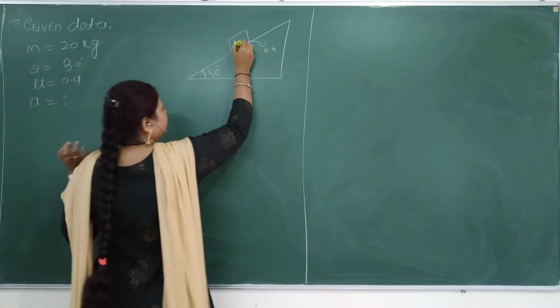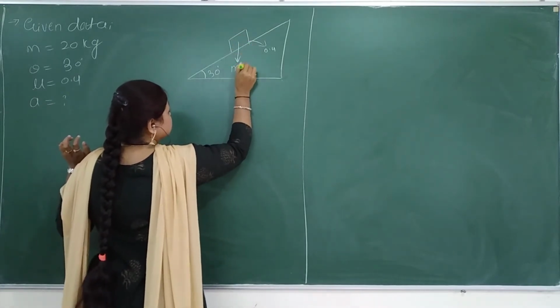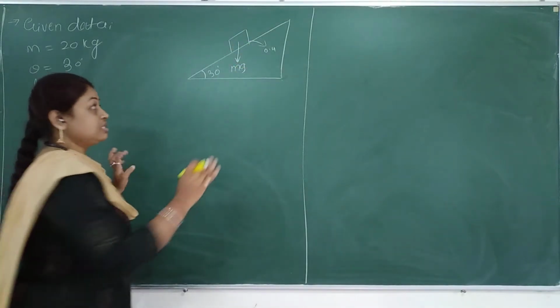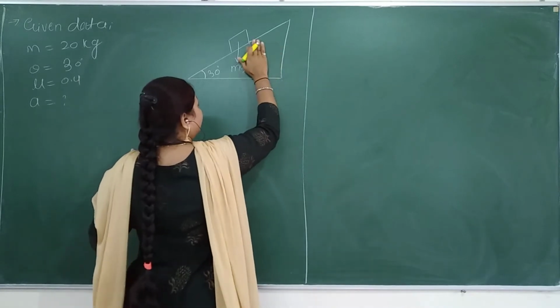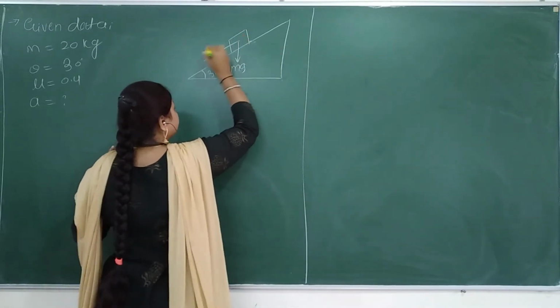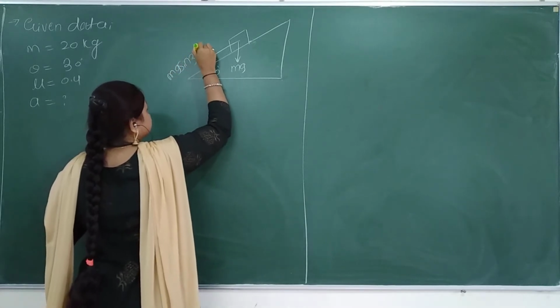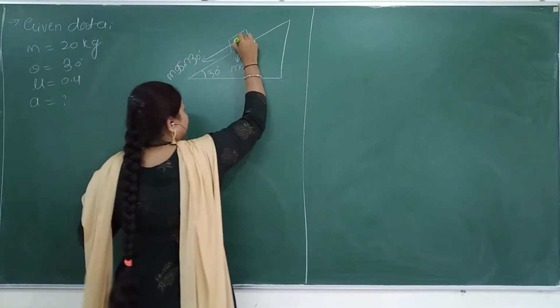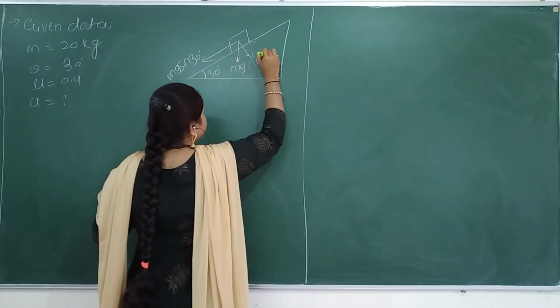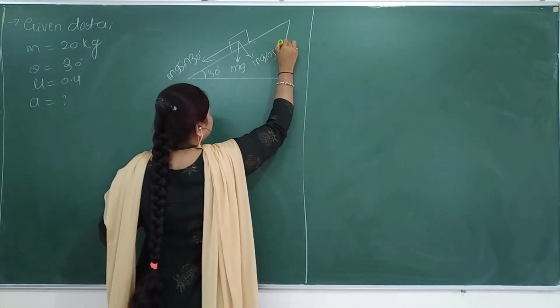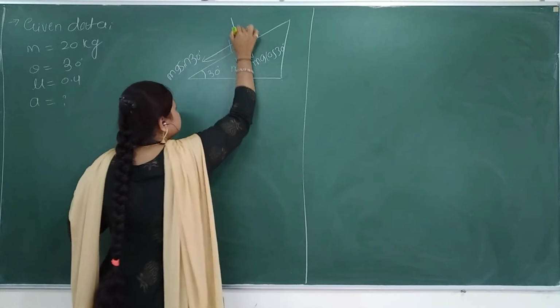So this box having the mass, that is m into g. Just resolve this weight into two components. One is along the incline, that is mg sin 30 degree. Sin theta is nothing but sin 30. And the perpendicular component is mg cos 30. This is theta. And this is what?